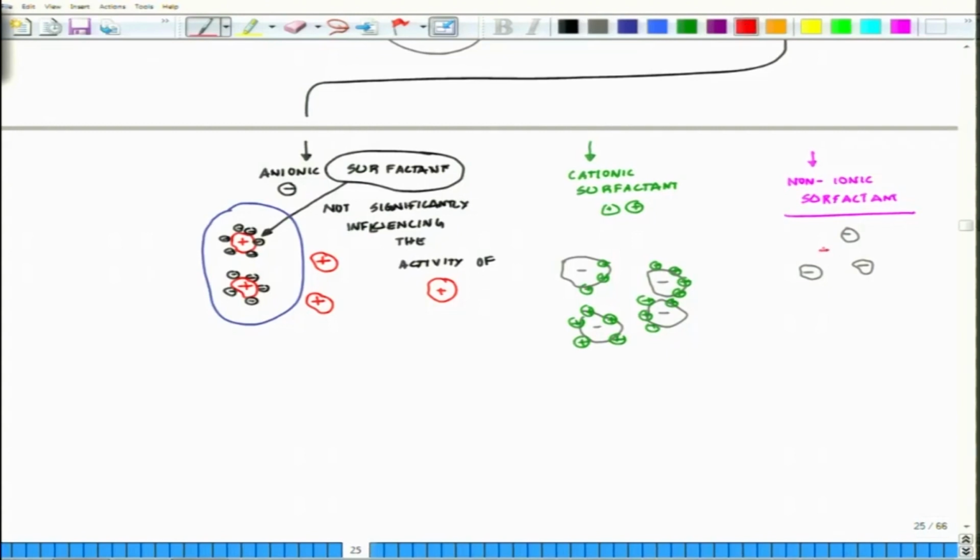You have positively charged particles, you have neutral particles sitting out there, and now you have these surfactants, which I am representing in pink, something like this.